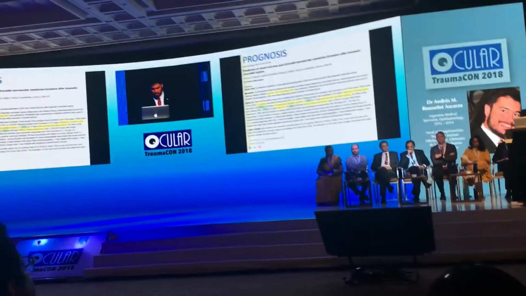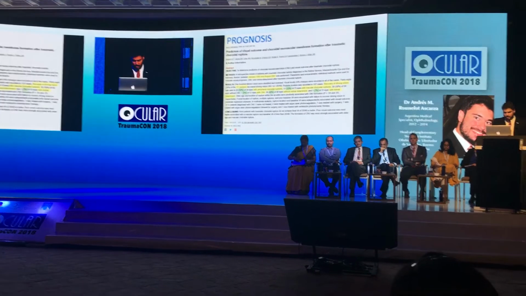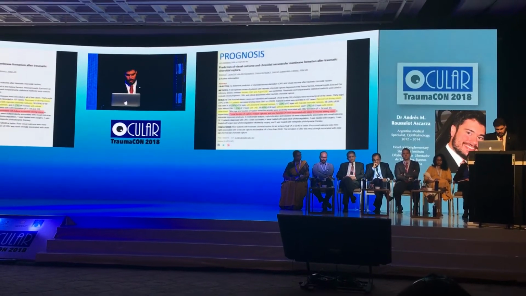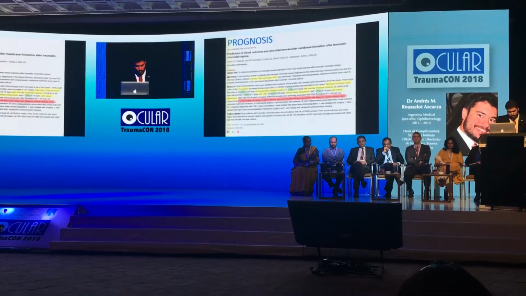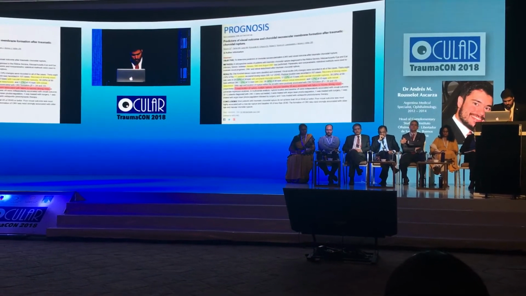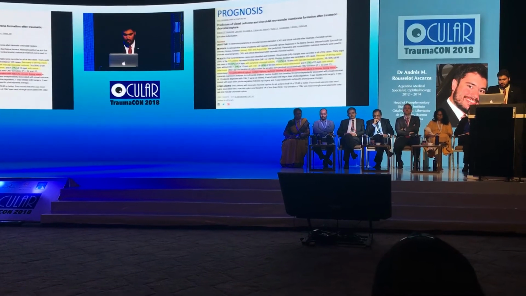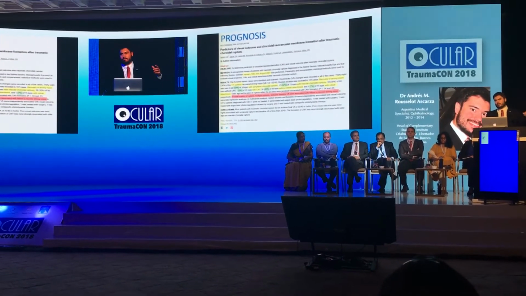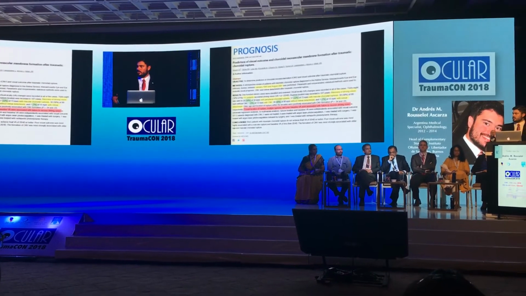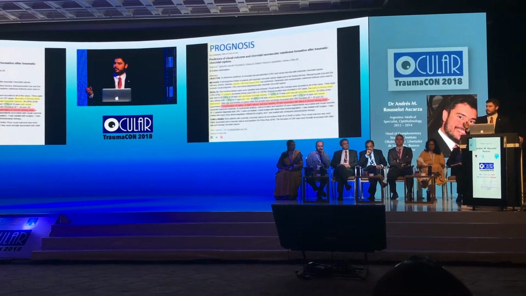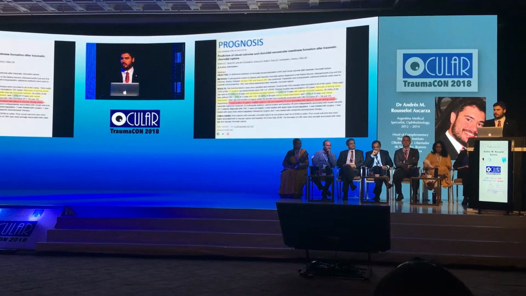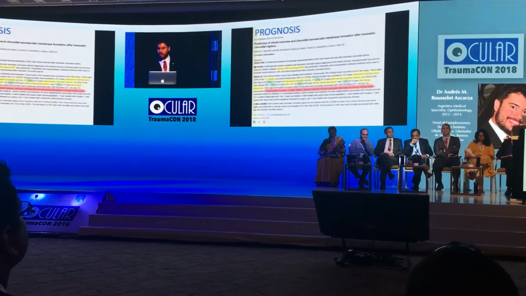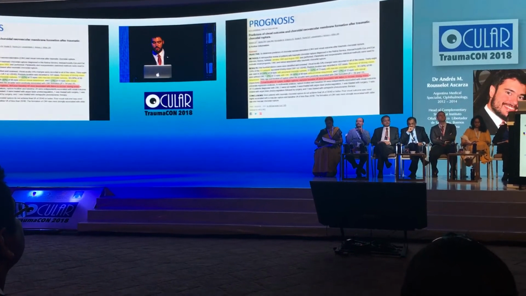Usually, retinal detachment is not present, but if it is present, the prognosis goes down considerably. And of course, foveal location, multiple ruptures, and poor baseline visual acuity are associated with failure to recover driving vision. This is important because the conditions that you found at the beginning of the trauma are the more likely to determine the result afterwards, even if you do whatever the best conduct is possible.